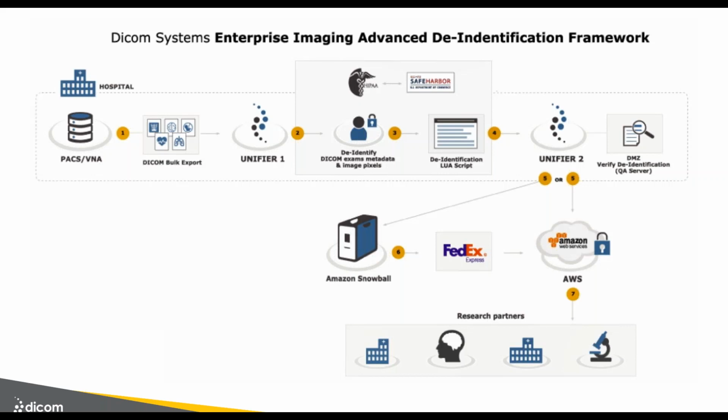I think it's worth noting regarding the burned-in pixel level data that needs de-identification. This is a very sensitive topic, right? A lot of people approaching a de-identification framework have this notion, erroneously, that you can apply a very cookie-cutter approach to de-identification. That de-identification is de-identification, so why should you worry about it?